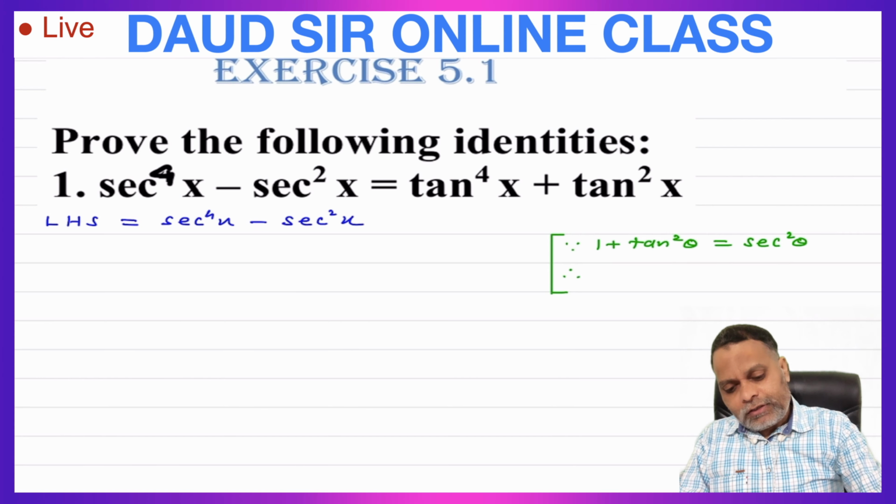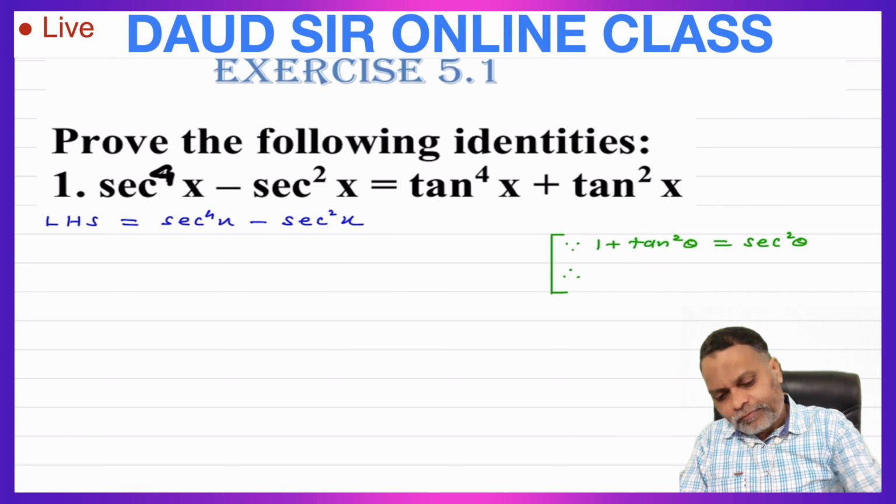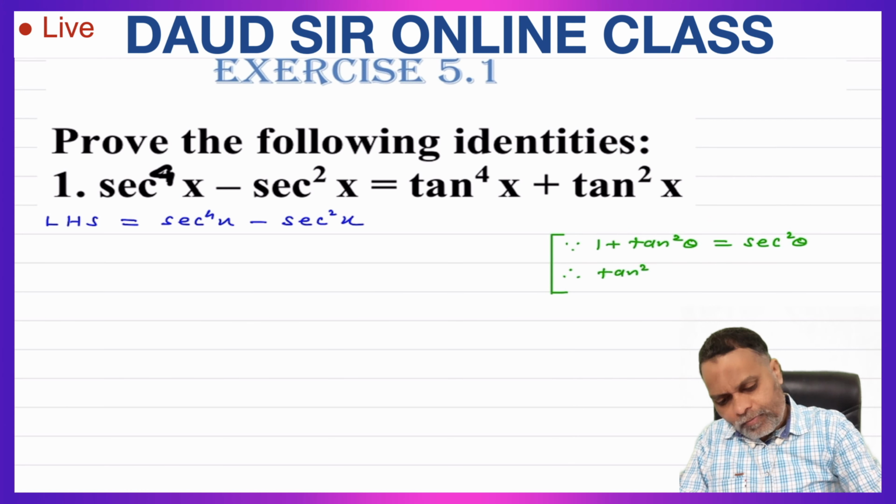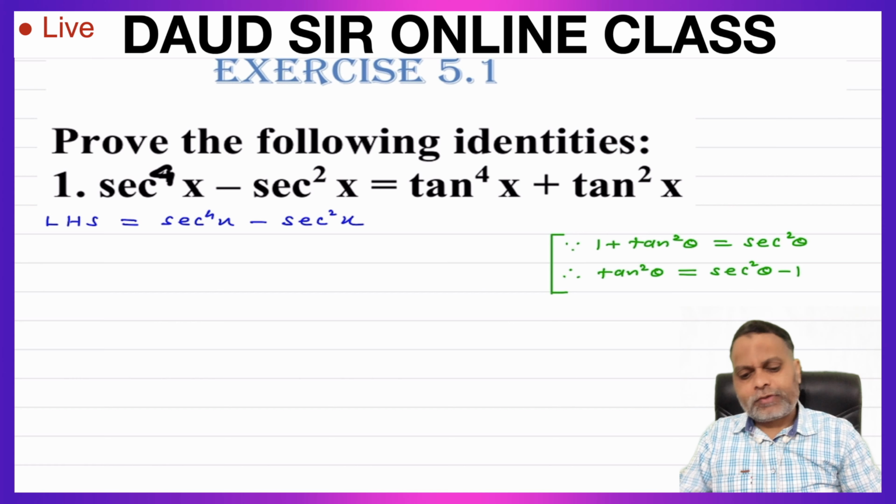Shifting this one to this side, tan square theta is equal to sec square theta minus 1.